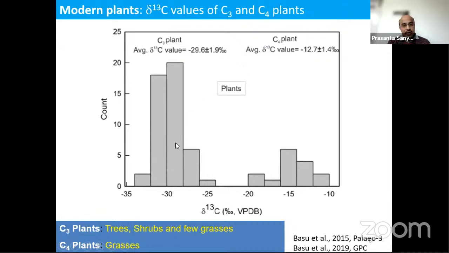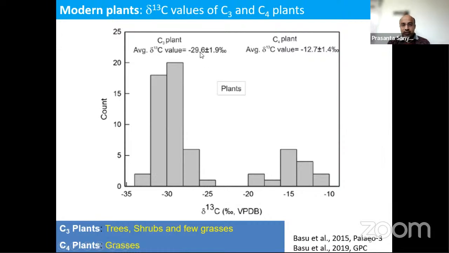When we characterized the C3 plants in terms of their carbon isotopic composition, we observed that the value is around minus 29.6 per mil for C3 plants, and for C4 plants, the value is around minus 12.7.